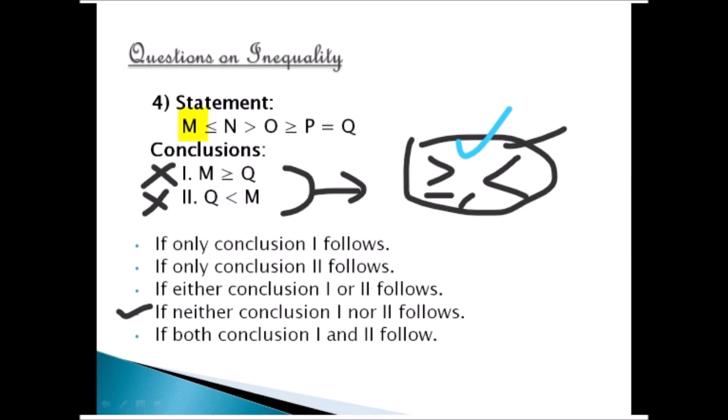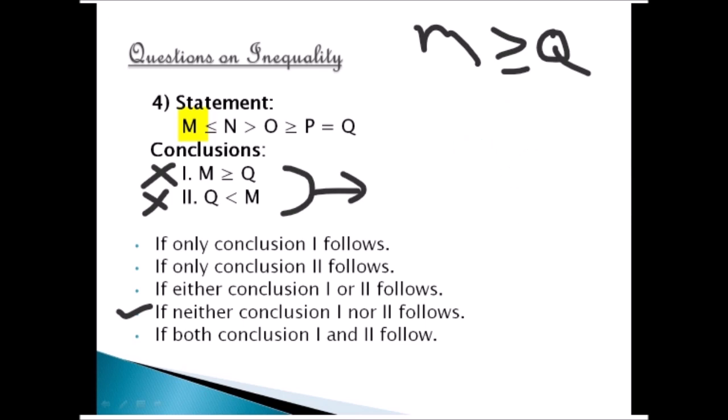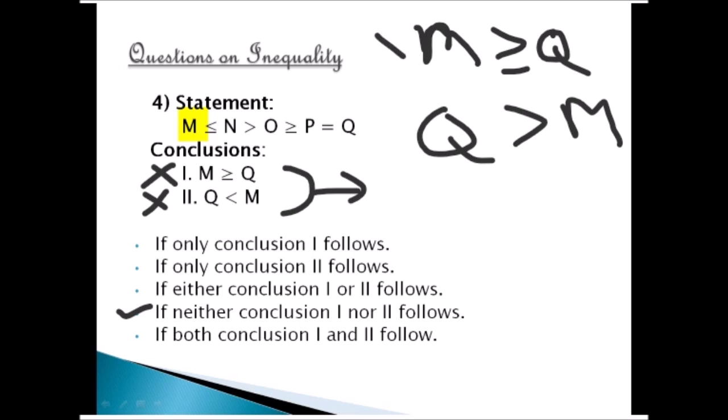Like if my conclusion was M to Q, and the second was Q to M. First is M to Q, so I cannot move from M to anywhere, so indirectly this conclusion would be wrong.